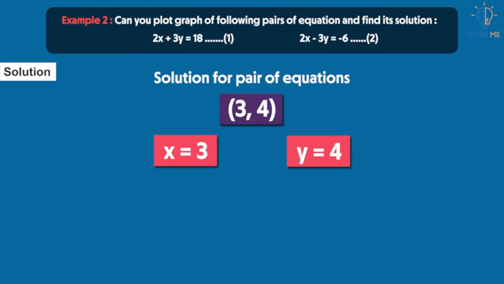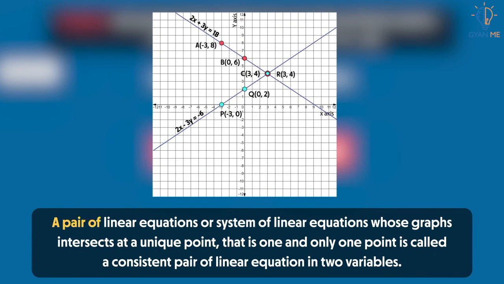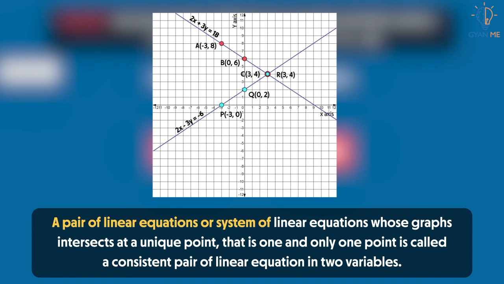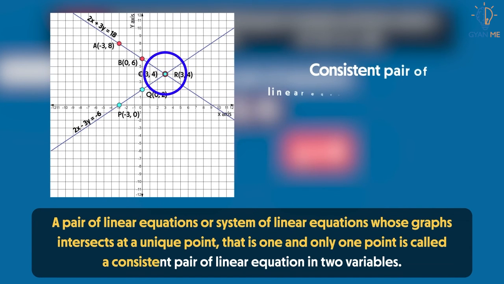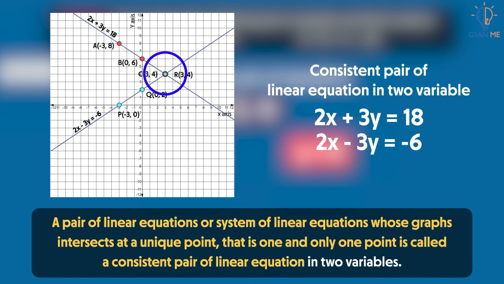So from here, we observe that a pair of linear equations or system of linear equations whose graphs, that is lines, intersect at a unique point, that is one and only one point, is called a consistent pair of linear equation in two variables.